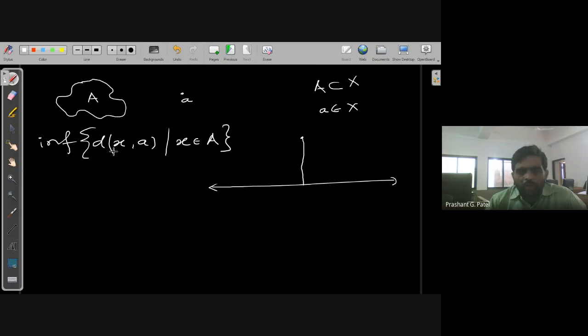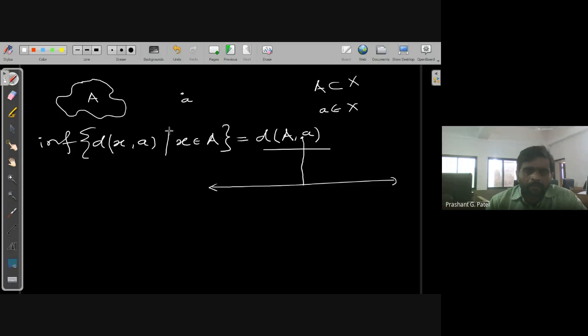So the infimum of the distance from x to a, such that x belongs to A, gives you the distance between a point and a set A, and it is denoted as d(A, a). This is the notation for the distance between a point and a set.